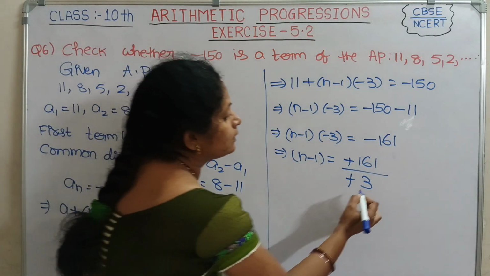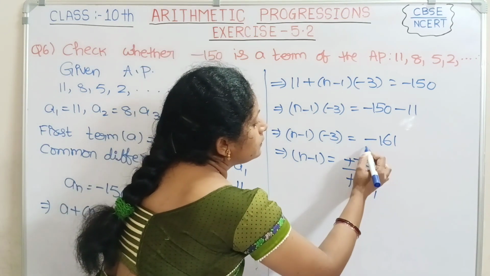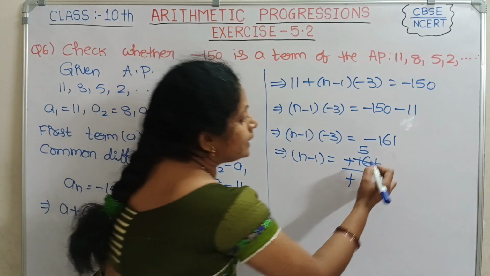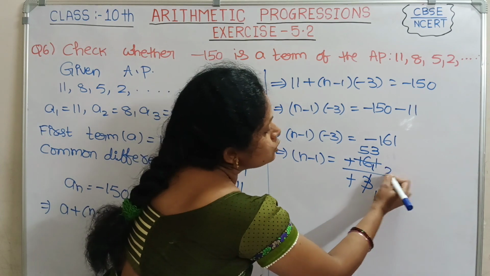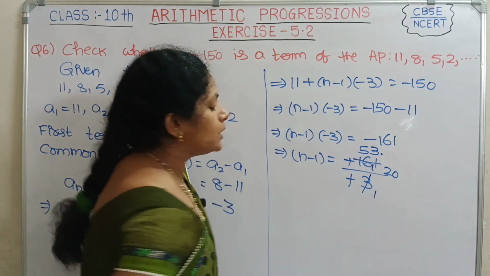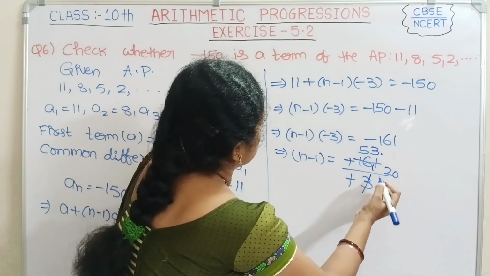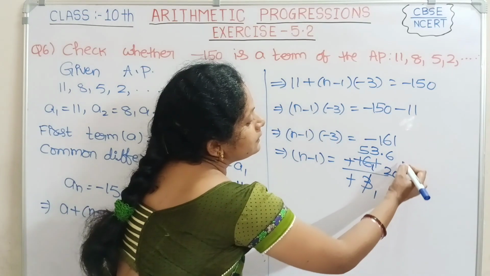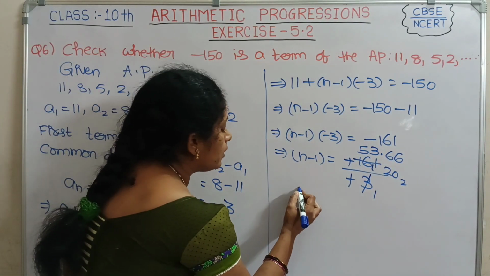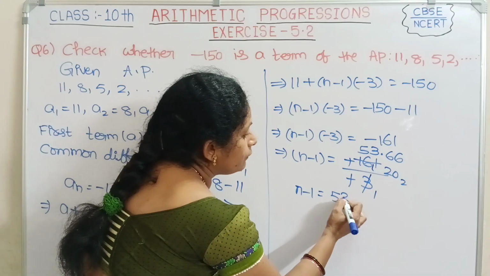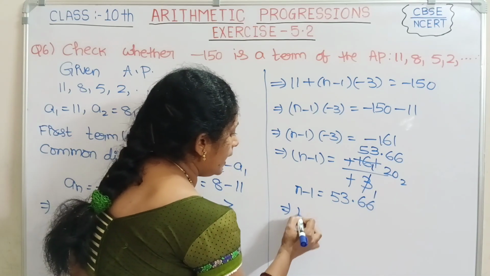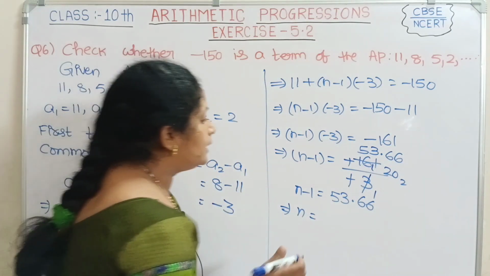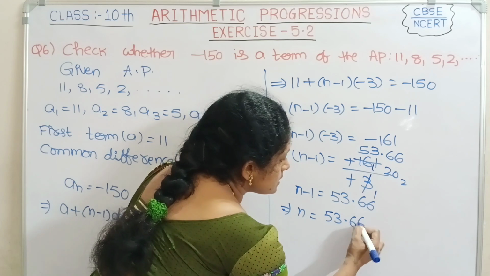Minus minus will get cancelled. 3 ones are 3, 3 fives are 15, 1 is remaining. 3 threes are 9, again 2 will remain. 0. 3 sixes are 18, again 2 remains. 3 sixes are 18. n minus 1 is equal to 53.66. n is equal to 53.66 plus 1 if it goes to the other side.